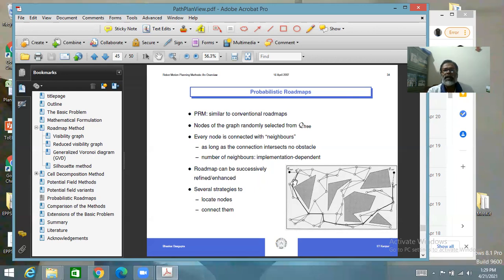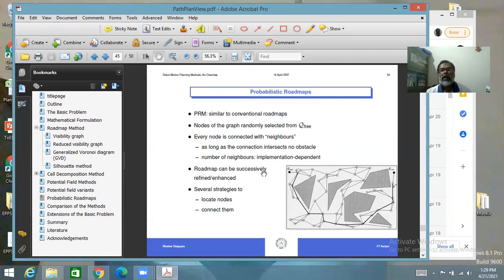Like that, you construct a roadmap probabilistically. Okay, so every node is connected with neighbors, as long as the connection intersects no obstacle. Number of neighbors, you decide, because for example, I said you pick up 3 neighbors. You can choose 2 or 4. Okay, so it's up to you.